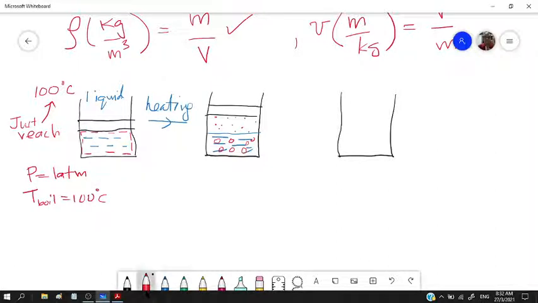As far as the pressure is concerned, we still have the pressure right here at 1 atm because we allow the piston to move, and the temperature when this happens is equal to the boiling temperature, 100 degrees C.